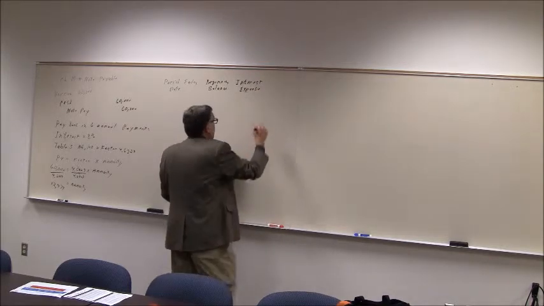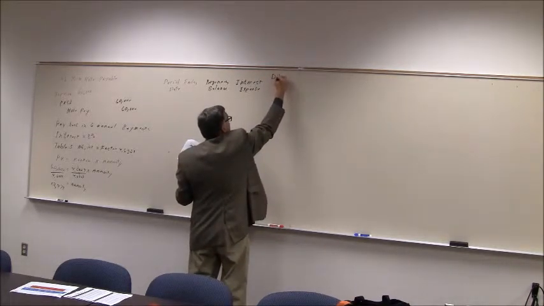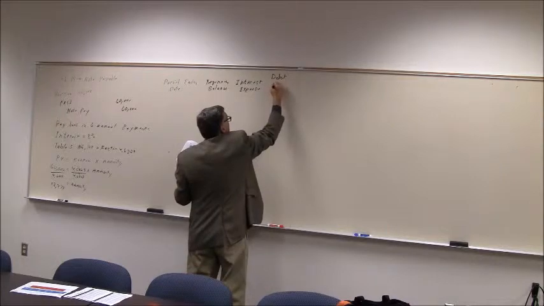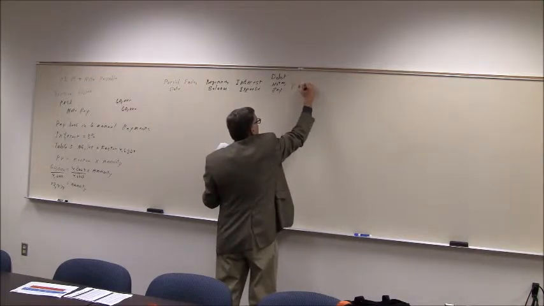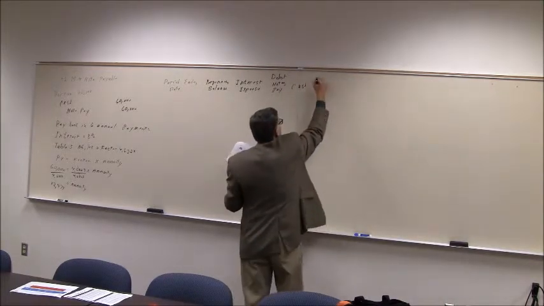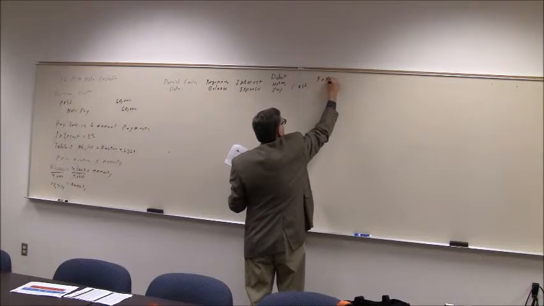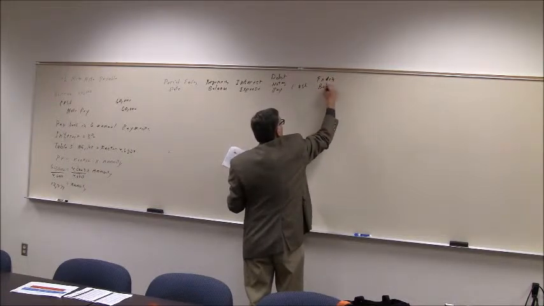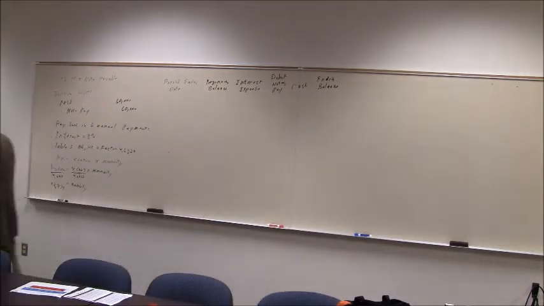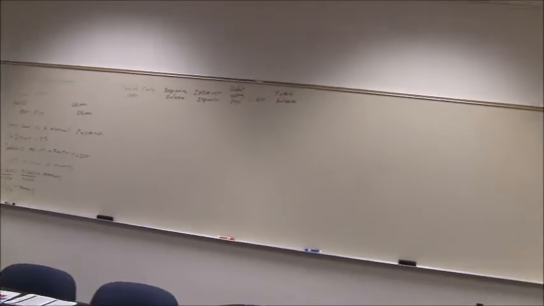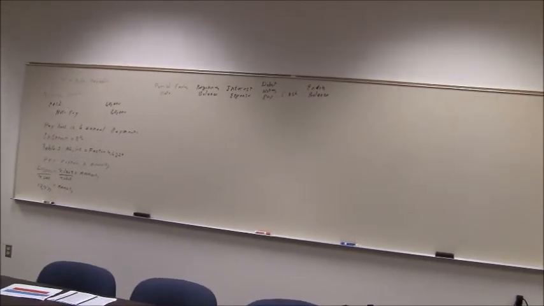In the next column, a debit to notes payable. In the next column, the cash. And in the next column, the ending balance. I'm going to make sure that all of that is on the screen. Yep, all that'll be on the screen.